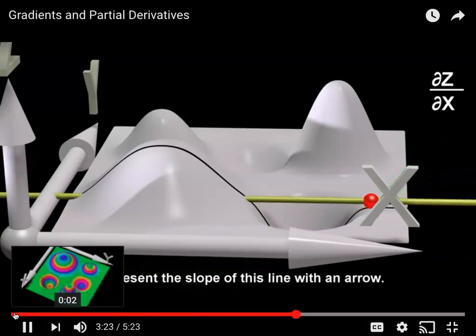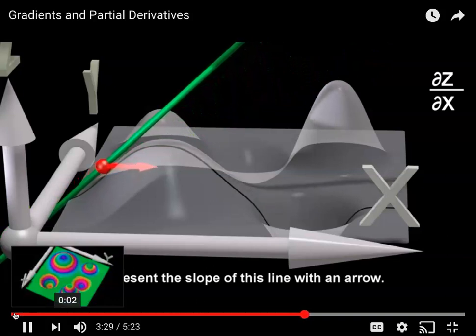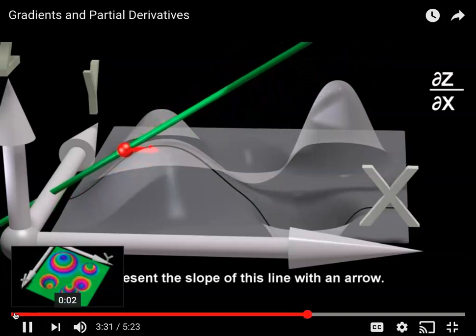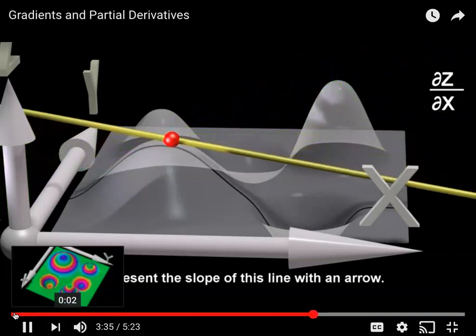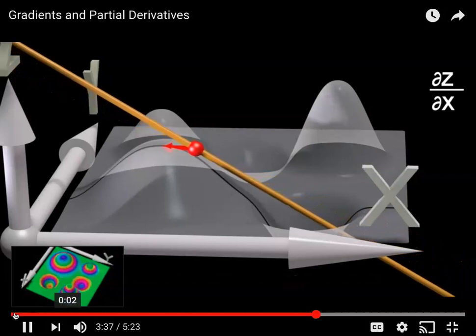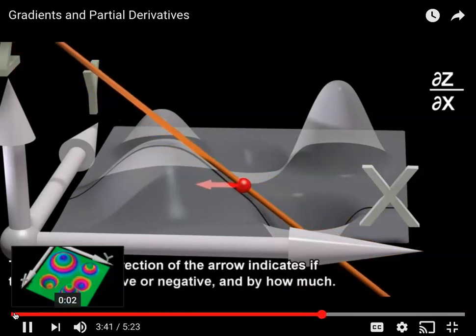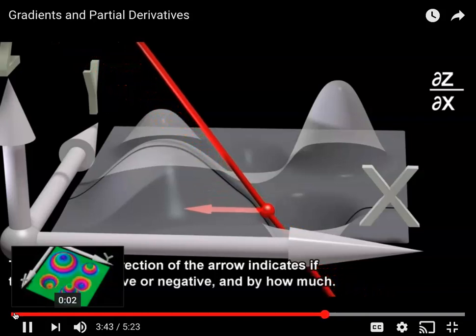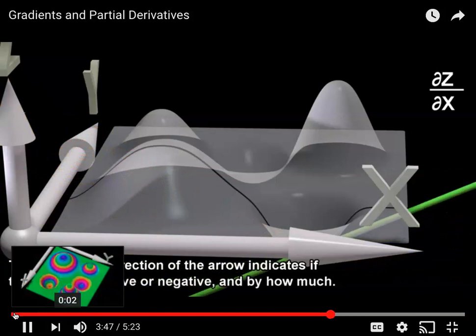Suppose we represent the slope of this line with an arrow. The length and direction of the arrow indicates if the slope is positive or negative, and by how much.